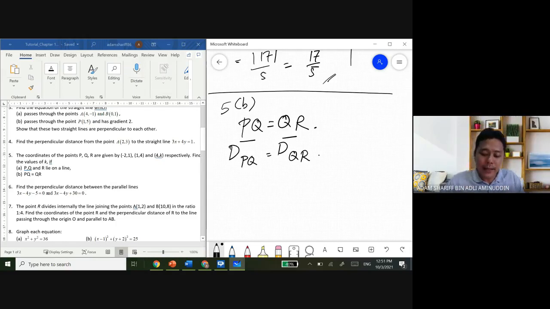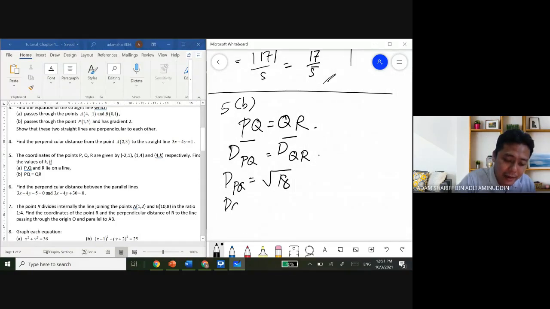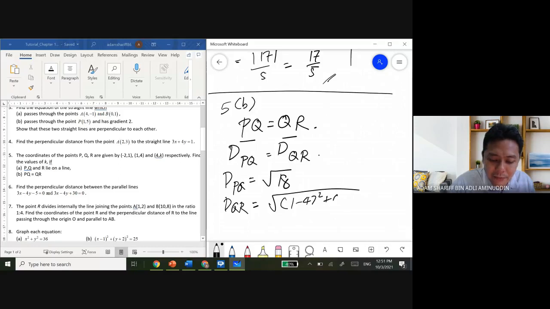Alright, based on that assumption, I found that the distance between PQ is square root of 18. Okay, distance QR pula pada asalnya kita tak boleh tahu secara direct. Kita kena masukkan dalam formula 1 minus 4 squared plus 4 minus K squared.